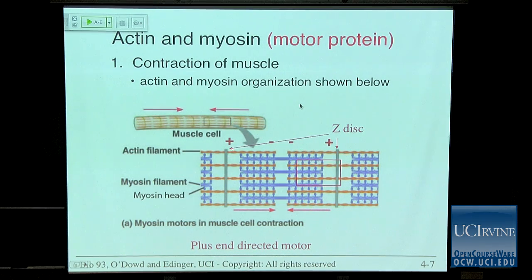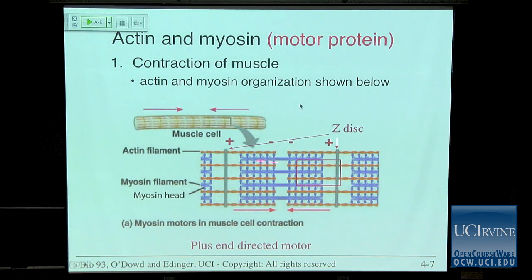On this side, the plus end is attached to the Z disc, and the minus end is here. So this is a mirror image of that. In between, organized by these purpley blue structures, those are the myosin motor proteins. And that's not a single myosin motor protein, that's a bundle of a whole bunch of myosin motor proteins.